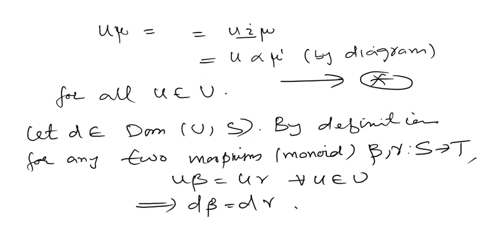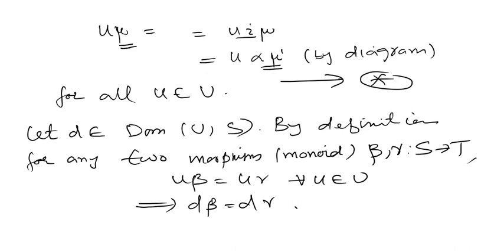But here you will see that mu and alpha mu prime are morphisms from the semigroup S to P such that these two morphisms agree on U. So what do you have here? See, what is the definition of dominion? If you take any two morphisms from the semigroup S to any semigroup T, that agree on U, then they must agree on d. If d is in the dominion, here you have the morphisms mu and alpha mu prime, and their property is that they are morphisms from S to P. So the semigroup T you can replace by P, because T is any semigroup. In particular you can replace it with P.